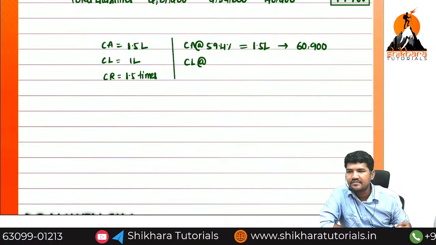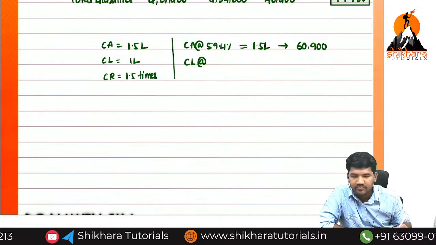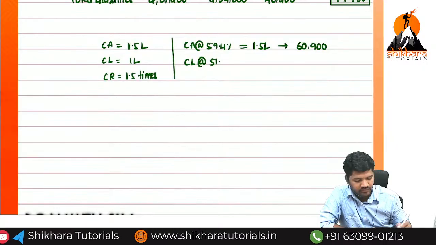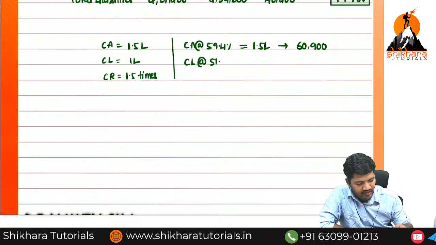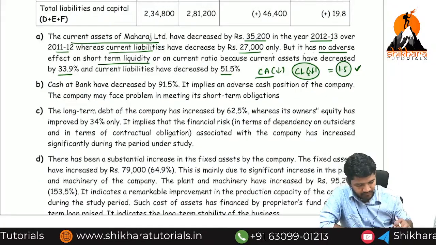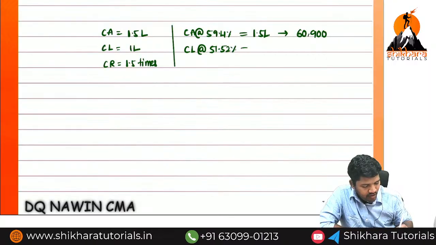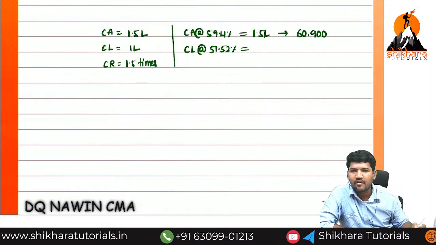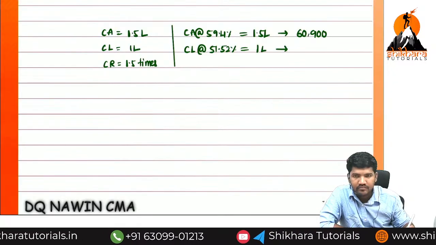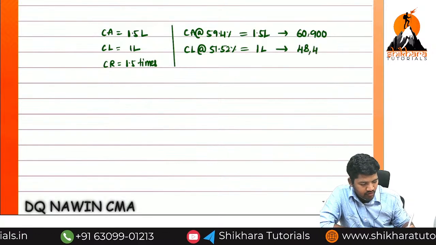Now please tell me about the current liability. Increase or decrease? Decrease. How much percentage? 51.52%. From 1 lakh, if you reduce by 51.52%, what is the answer? 48,480.